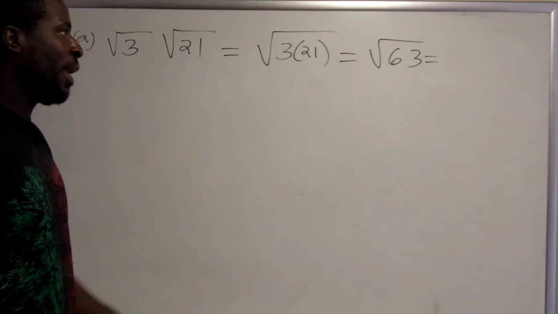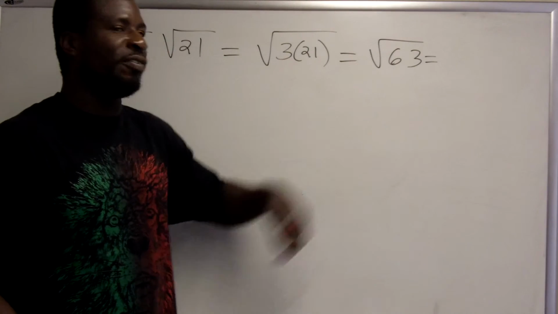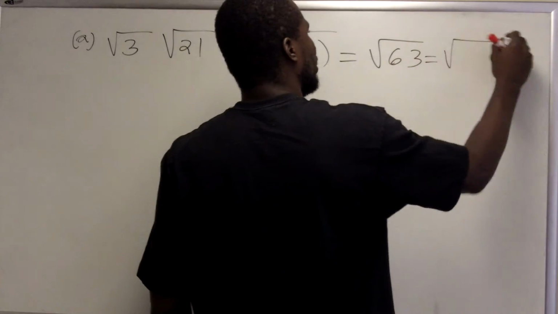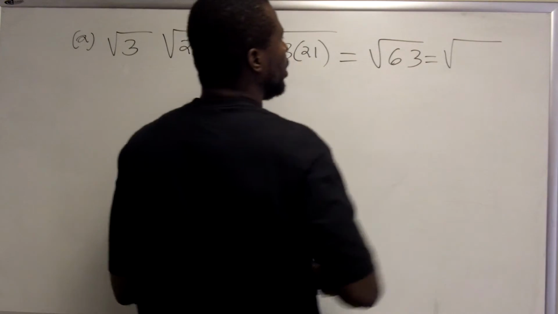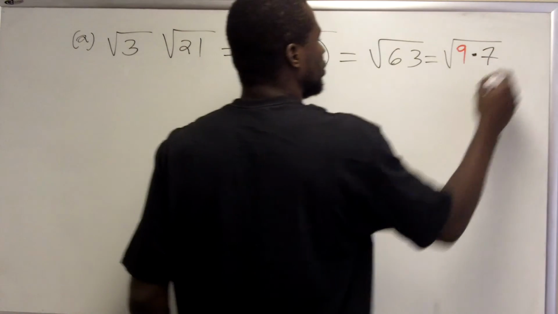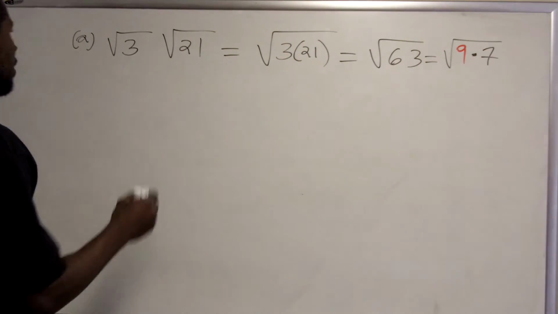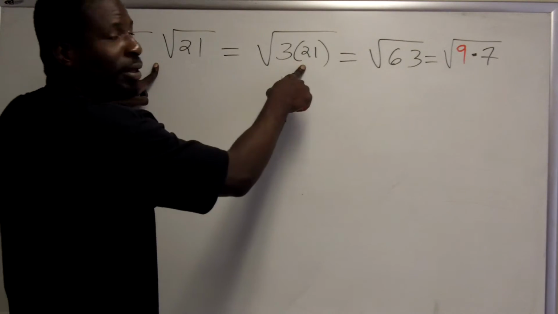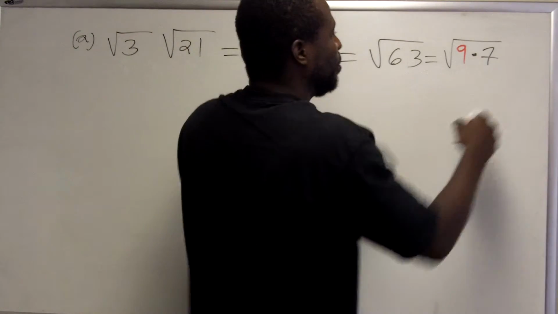In order to simplify the radical, I need to find a perfect square that is a factor of that number. And a perfect square that's a factor of 63: 9 goes into 63 7 times. And then I can split that radical up using the product rule again. So the same rule that I used to put these together is the same rule I'm using to now split it back up.